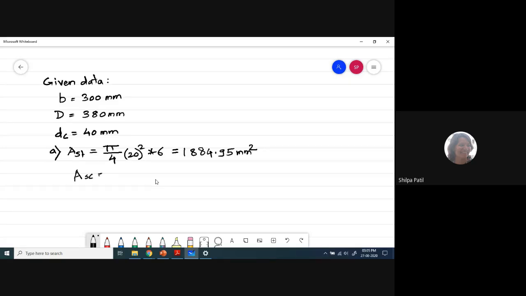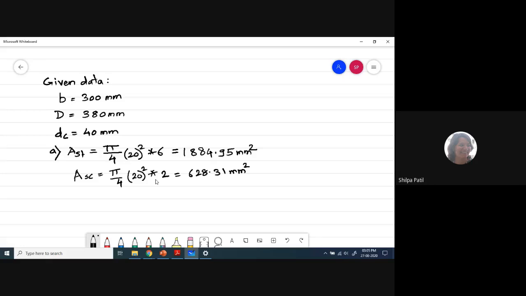All right. Similarly, ASC value is also given. So let us find out its area. Pi by 4, what is the diameter? 20 mm, 20 square. And number of bars? 2. Okay, 628.31 mm square.